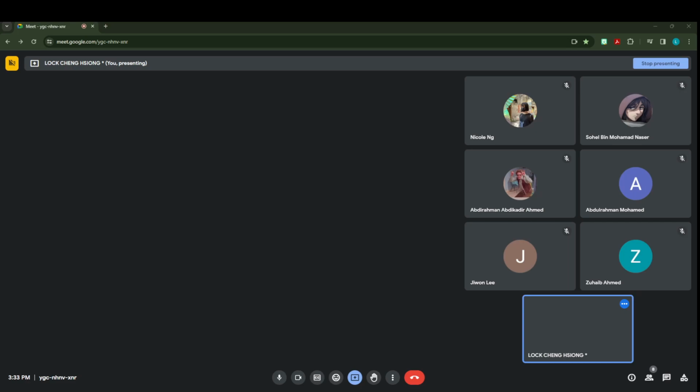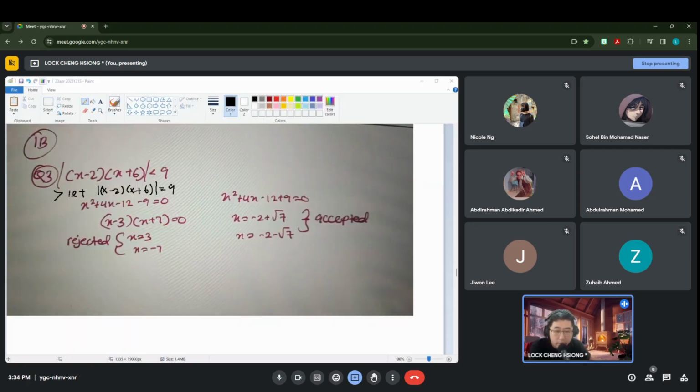In order to make it equal to 0, in terms of working, please write another line. Let modulus of x minus 2, x plus 6 equals to 9. You have to make sure that you write proper working.